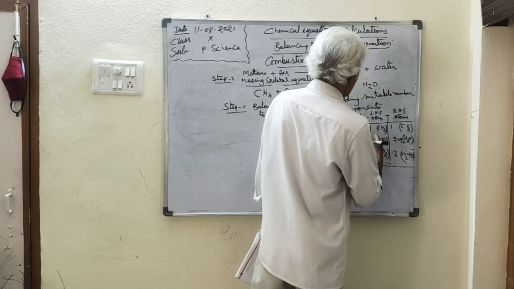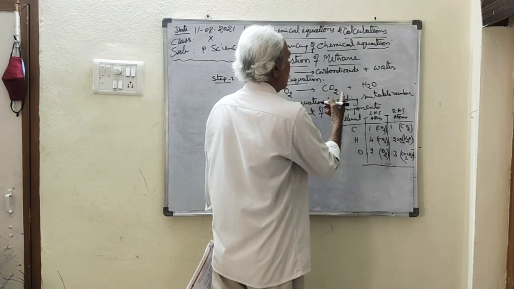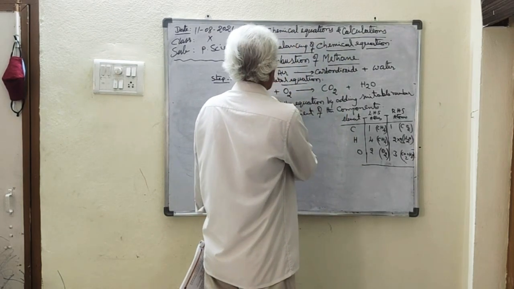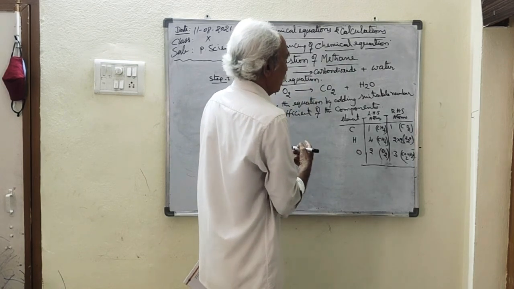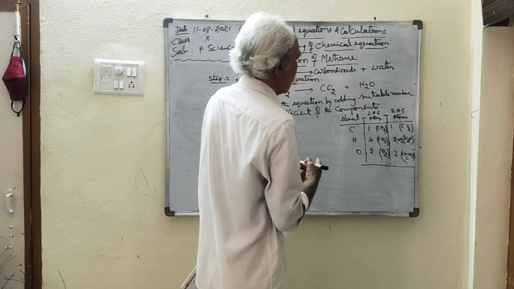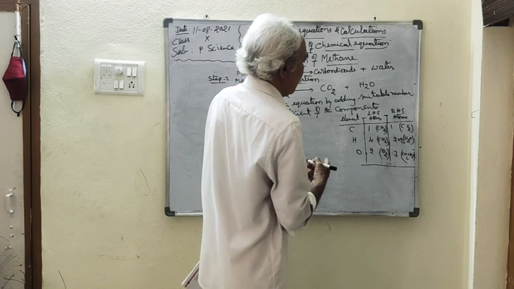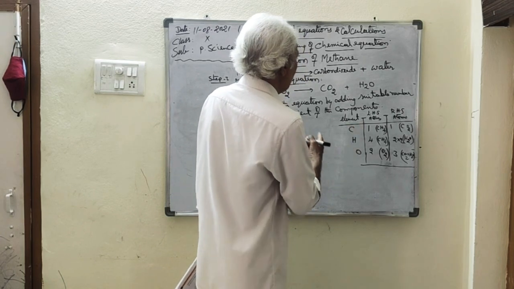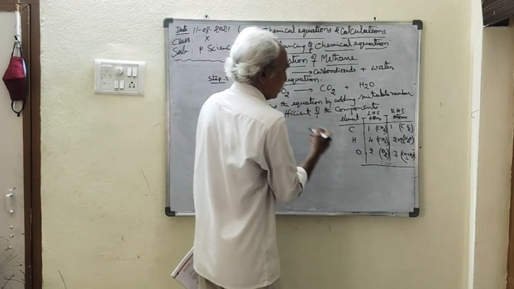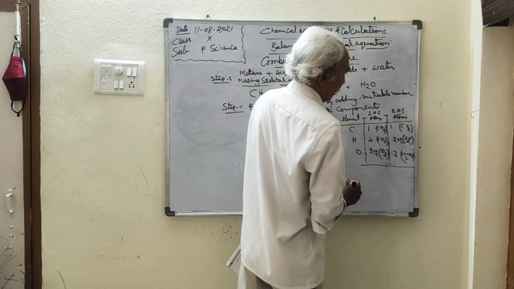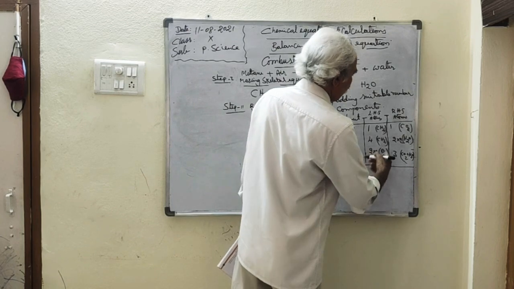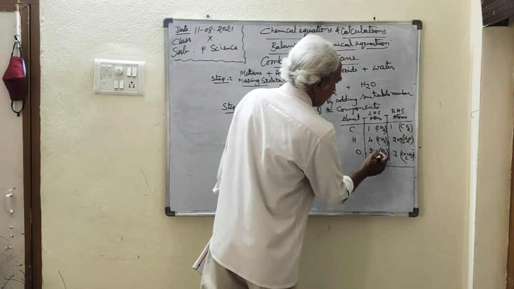So carbon is 1, hydrogen is 4. Oxygen: 4 oxygen atoms are there. On one side only 2 are there, so again you should add 2, so it becomes 4. Where are we adding?